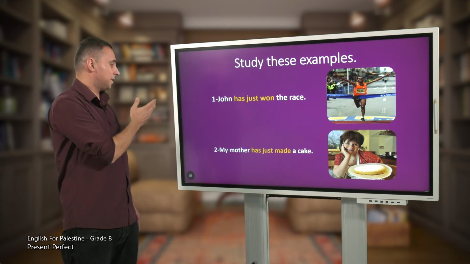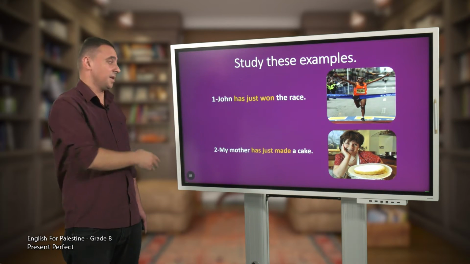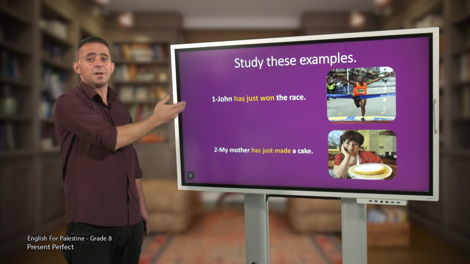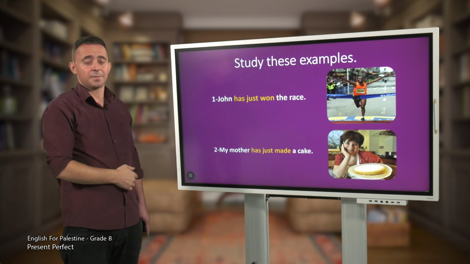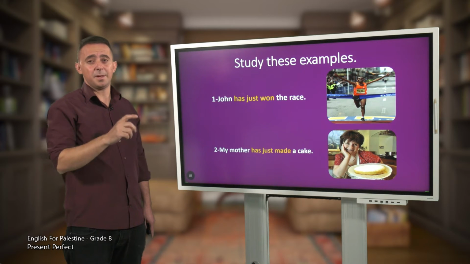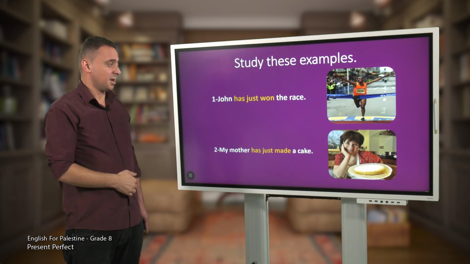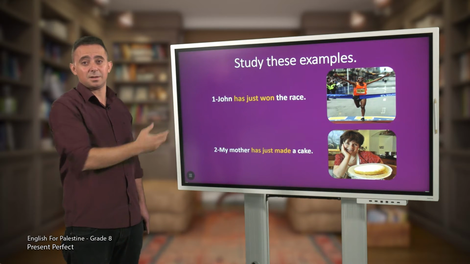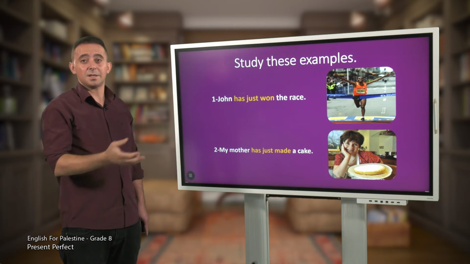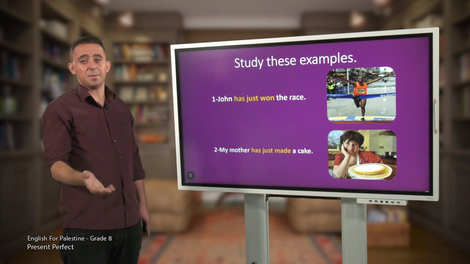Since we have a singular subject, it should be followed by has, then just, and then the past participle of the verb. Here, just means that the action happened a short time ago. If we look at the picture again, we see that the cake is still hot, and the result is still there until now. This is what the present perfect means.